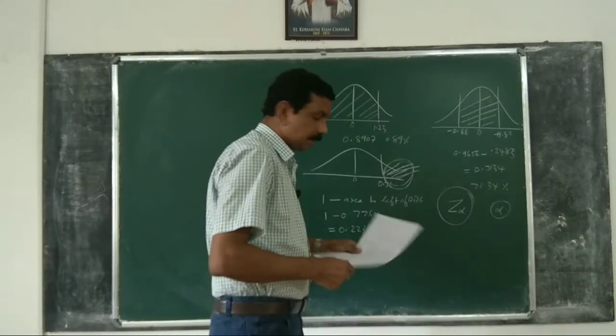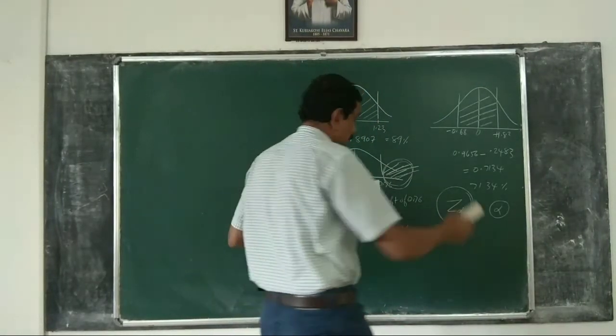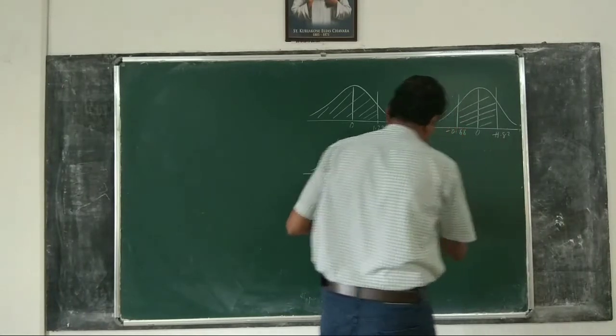Let me explain what is Z score. Z alpha is defined by the area to the right.